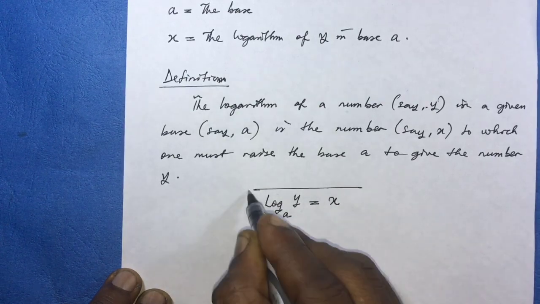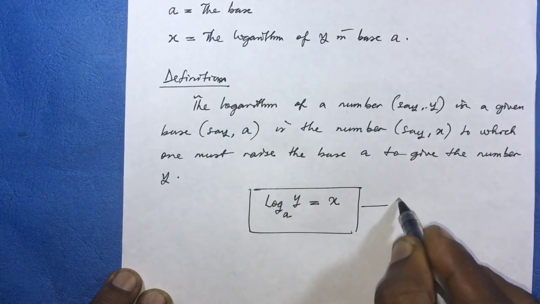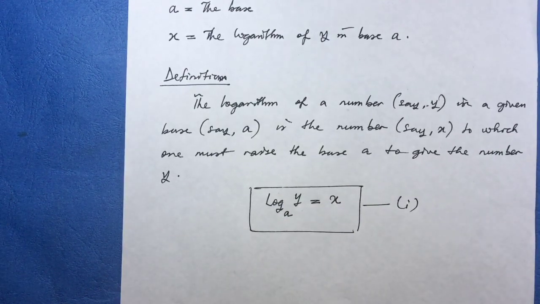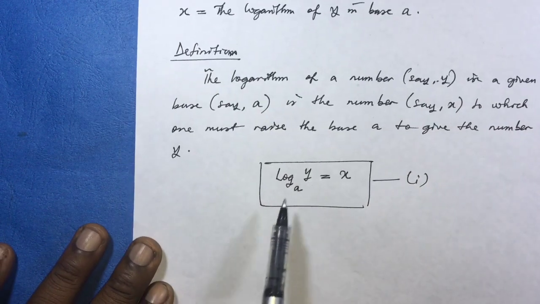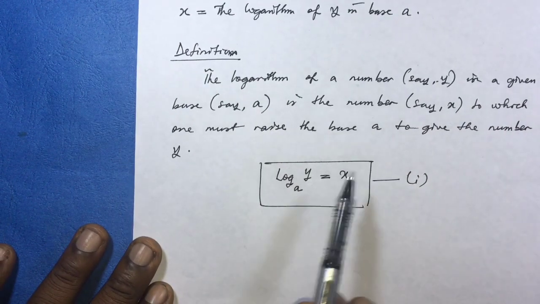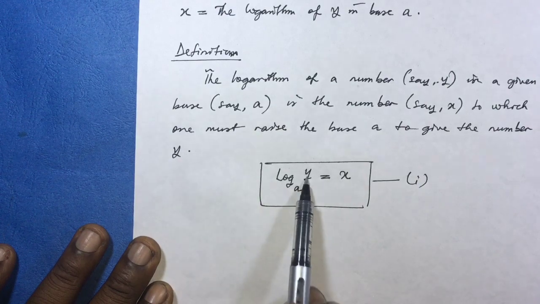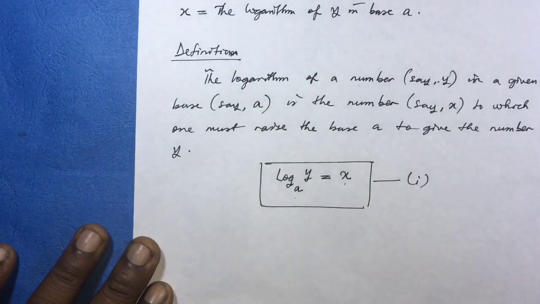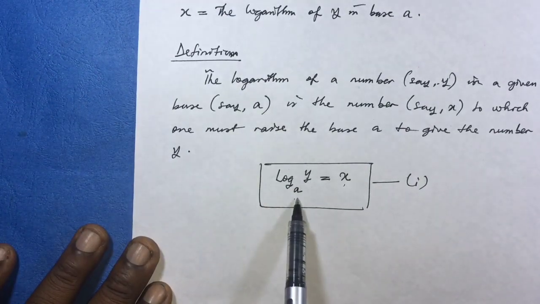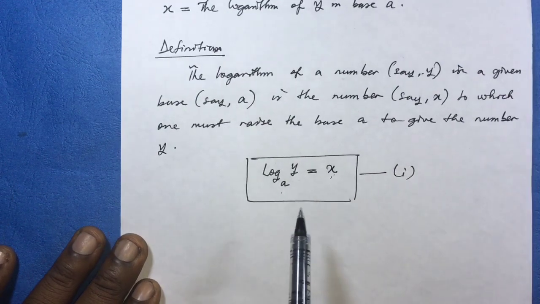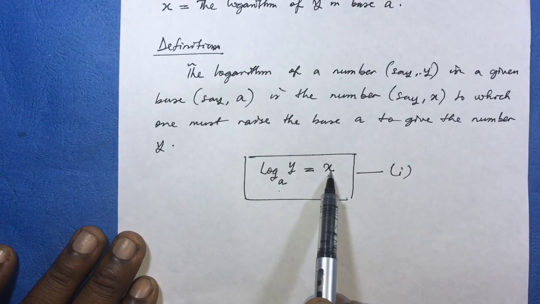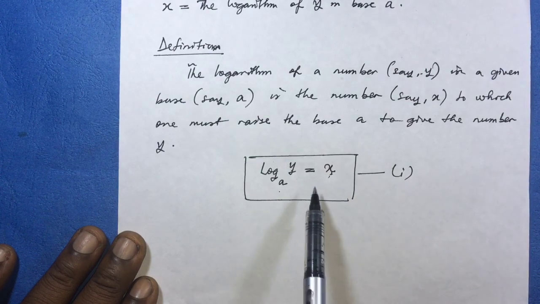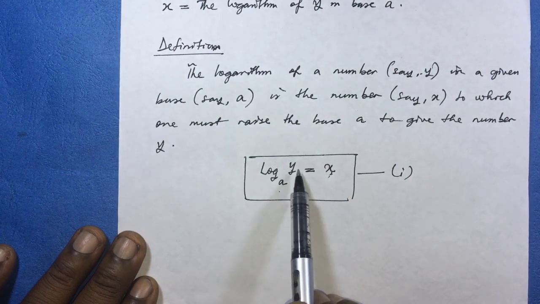I'm going to call this equation 1. I repeat, the logarithm of y in base a is equal to x. Why? It is simply because x here is the only number to which you can raise a to give y.